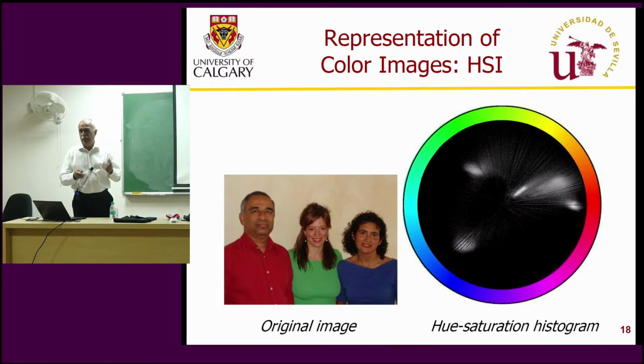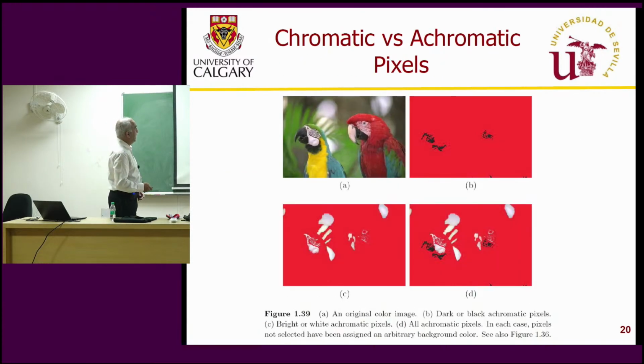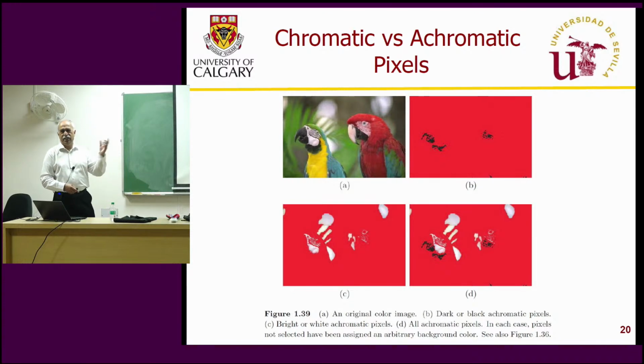Whatever cutoff, 0.1, 0.2, something. And then if the intensity is also below a certain threshold, you get black pixels. If the intensity is above some threshold, you get the white pixels. There's a little bit of color, so the saturation is not 0. I allowed up to 0.1, some threshold. If I put all of them together, I get the non-chromatic pixels, pixels with almost no color.